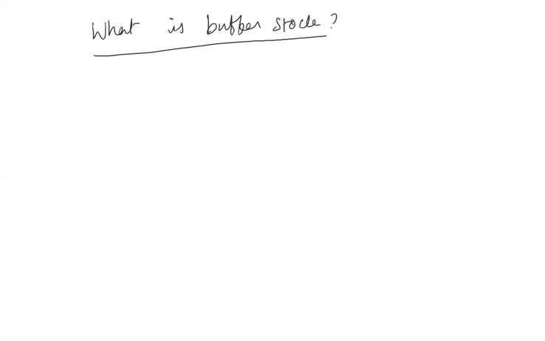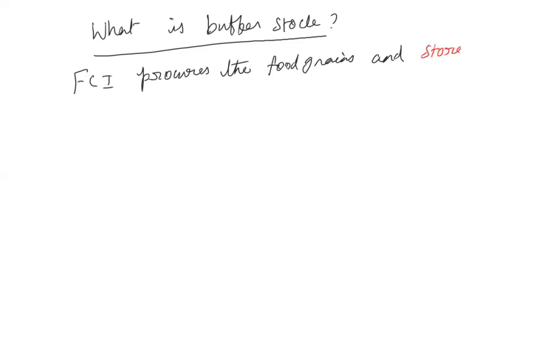Put it in words: the FCI procures the food grains, and basically the FCI stores them, keeping it in the form of stock, to be released at the time of shortage.